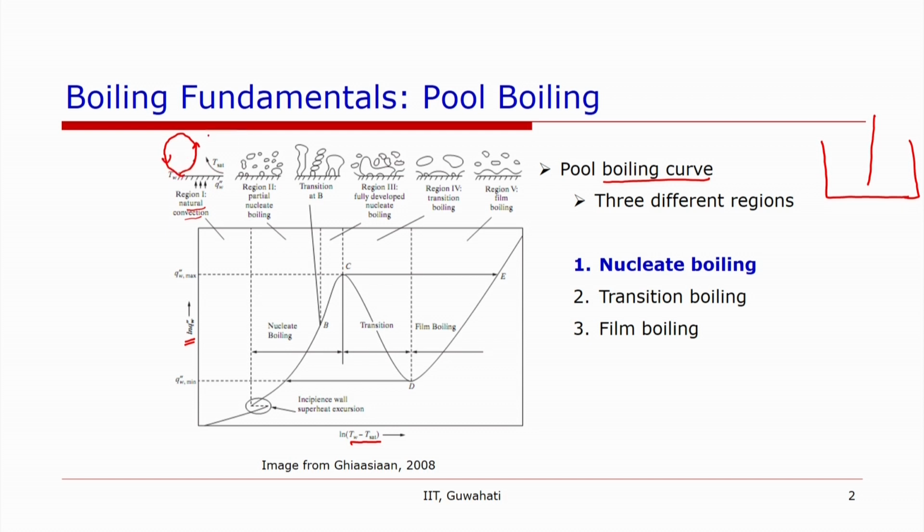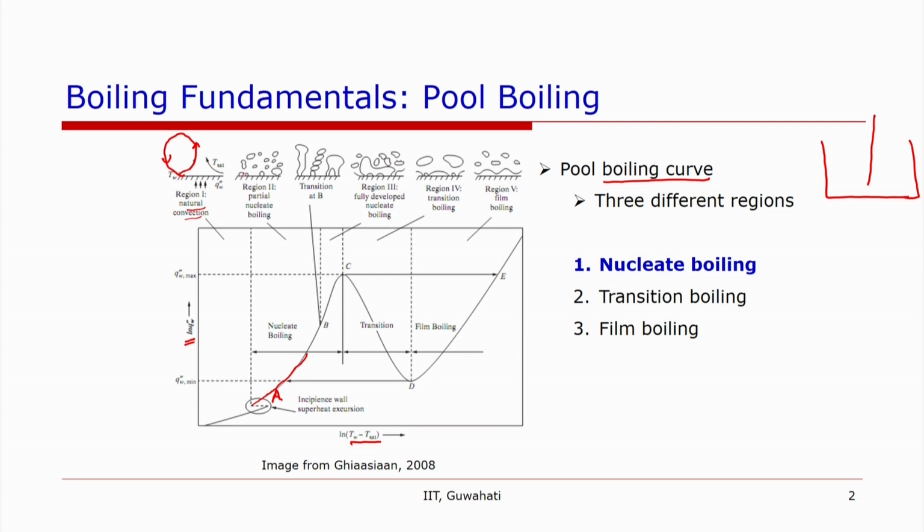As the wall heat flux keeps increasing, we reach a certain point, which is called the onset of nucleate boiling. Let us call this point A. There, as you can see, there is a small decrease in T wall minus T saturation, and the boiling starts from here. This is called partial nucleate boiling.